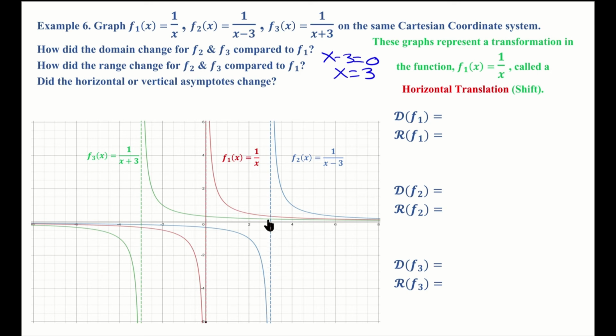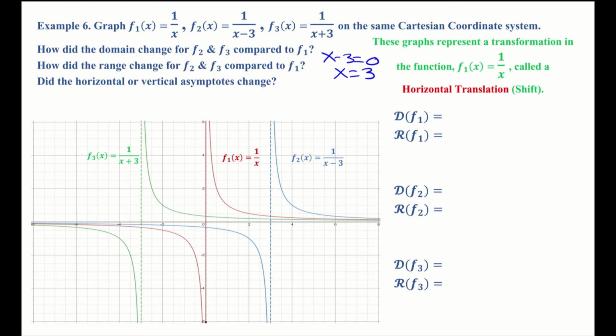And notice that as far as the domain and range, the range appears to be the same as it is for this one, right? The same y values are in play, but the domain changes because we're going to exclude this time not 0 but 3.